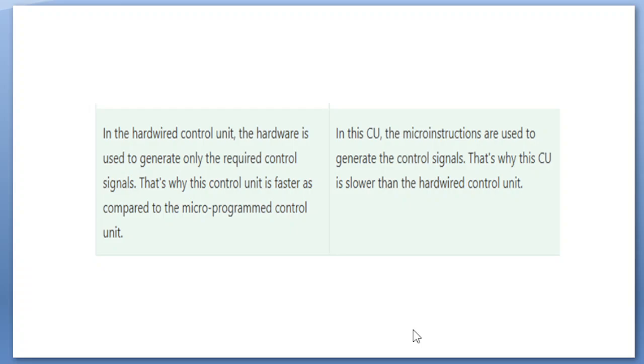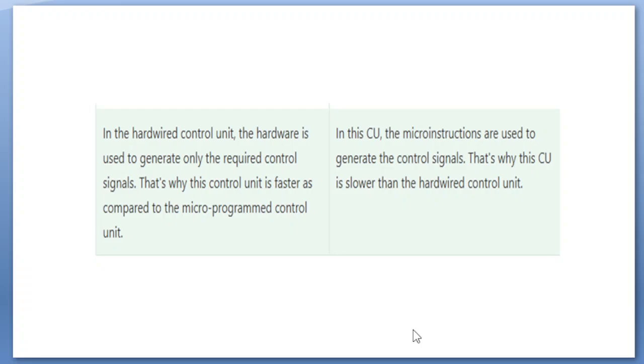The last point regarding the hardware control unit is that it generates only the exact signals that are needed. Only that kind of signal is generated, and it is very fast because only very particular signals are generated. But in microprogramming, micro instructions are used to generate control signals.